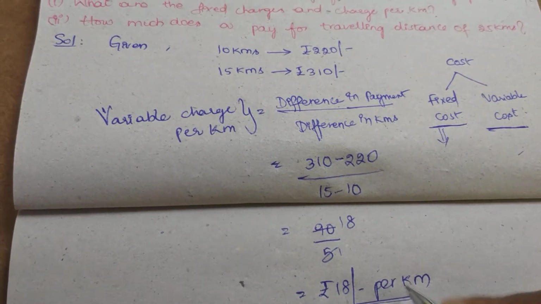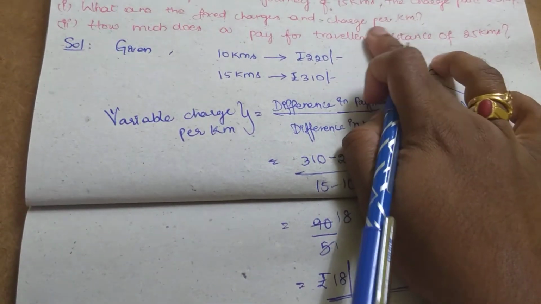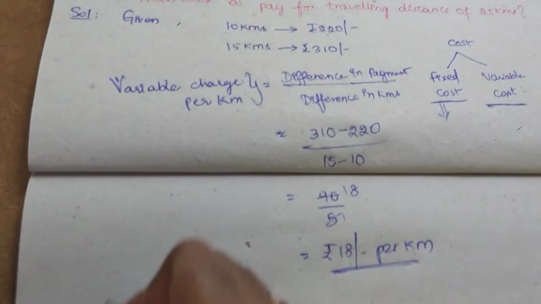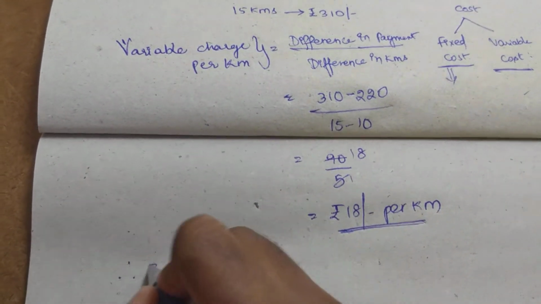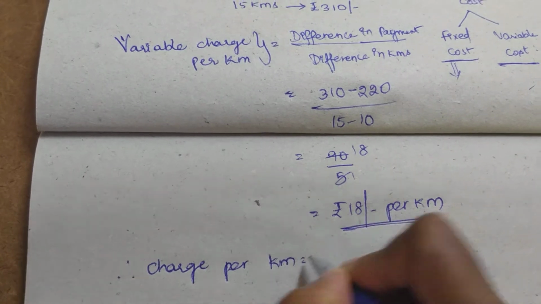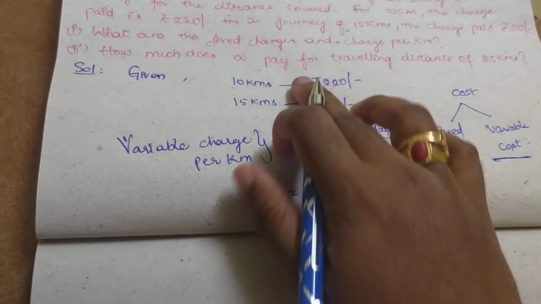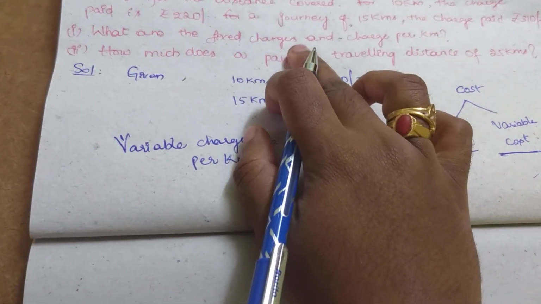Variable charge per kilometer is 18 rupees per kilometer. Therefore, charge per kilometer equals rupees 18.